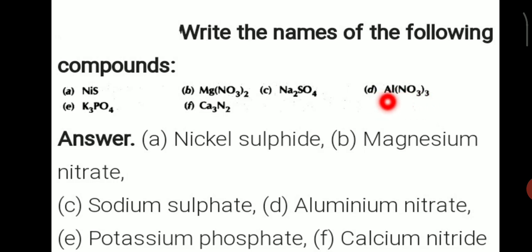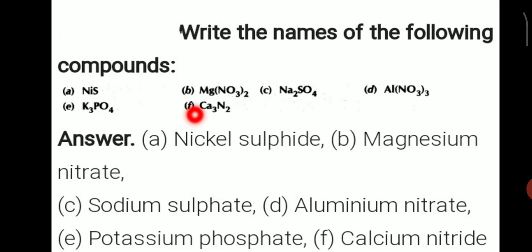Al is aluminium, a metal. NO3 means nitrate. So aluminium nitrate. K3PO4. K is potassium, PO4 is phosphate. So potassium phosphate.